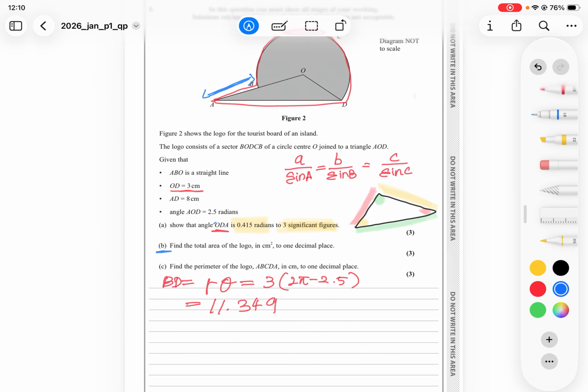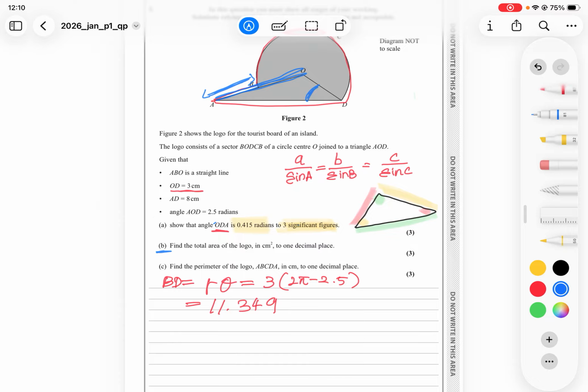How to get that? We can use the cosine rule since we know this angle. The cosine rule will give you the full thing, but by subtracting 3, we can get the AB length.